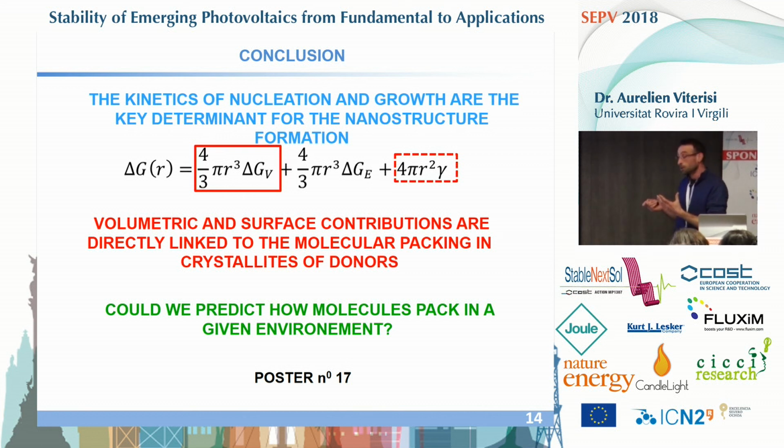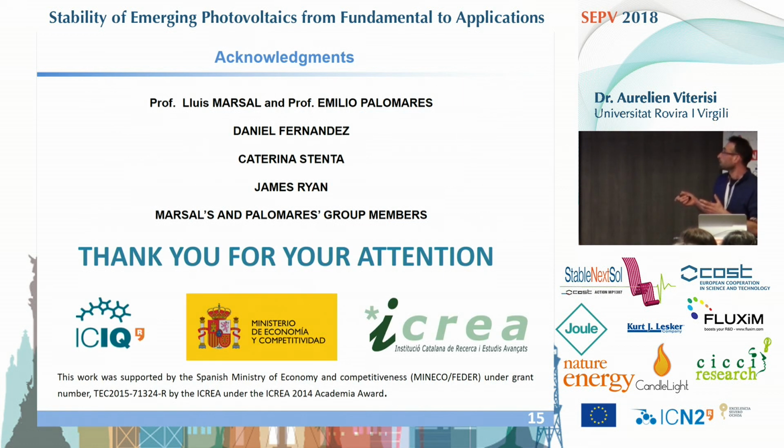So I'm coming to the final question: is there a way we can predict how molecules pack, or which phase they adopt in a given system? I'm happy to hear any suggestion, and my poster is poster number 17, and that's about it.